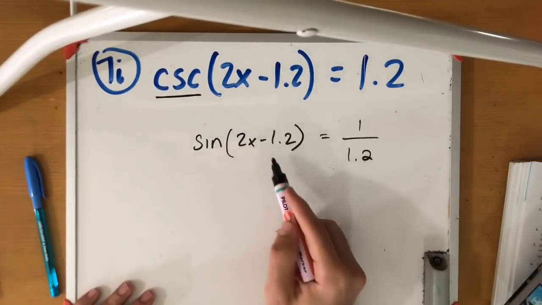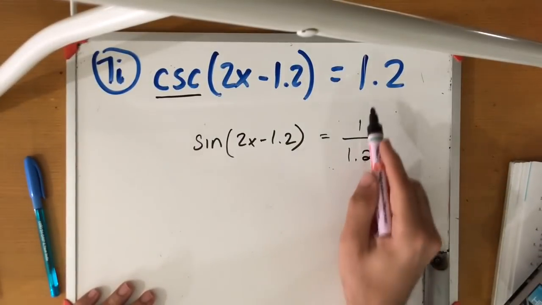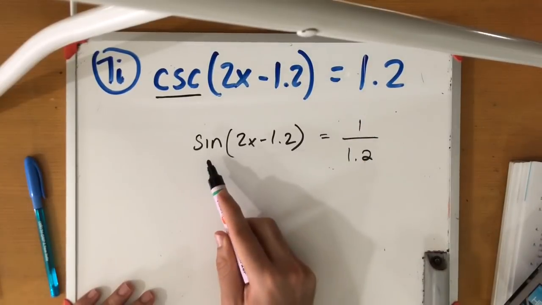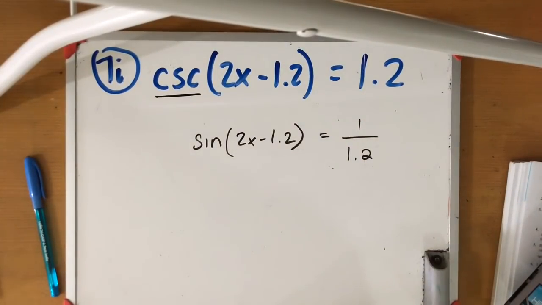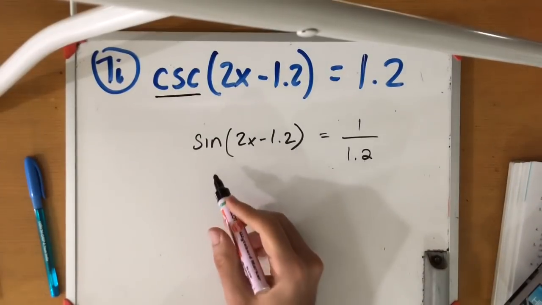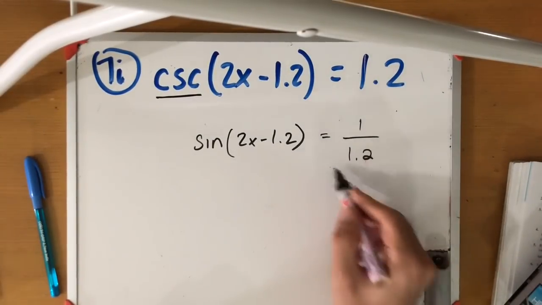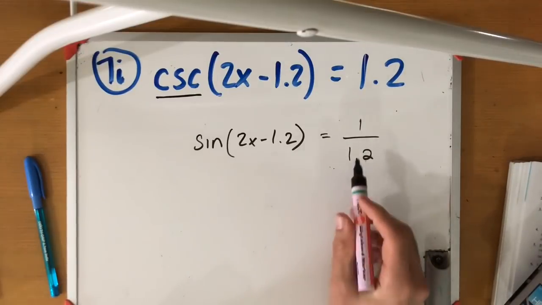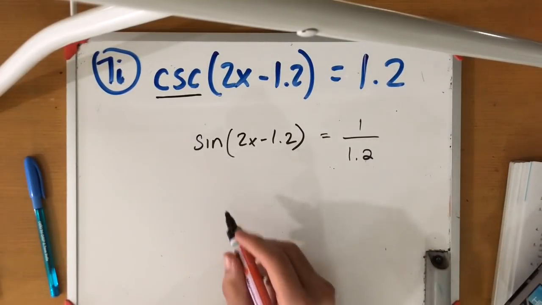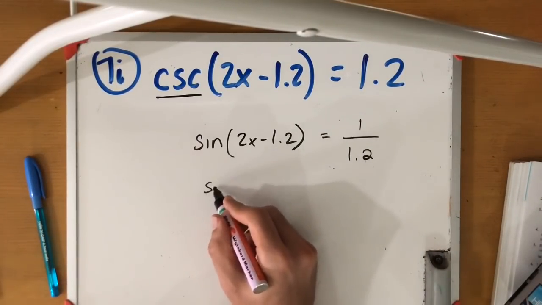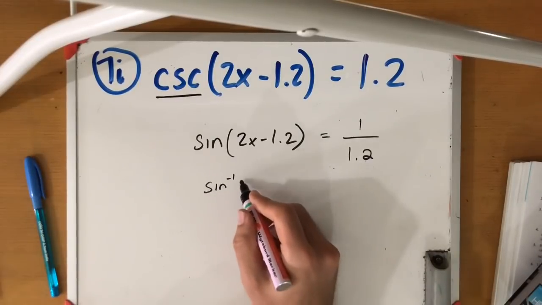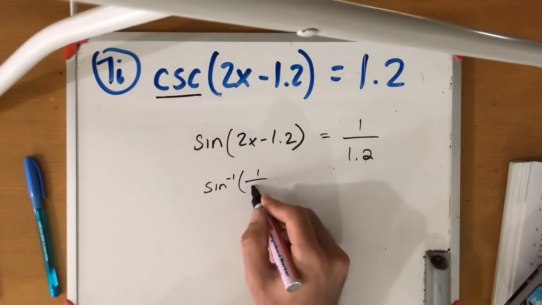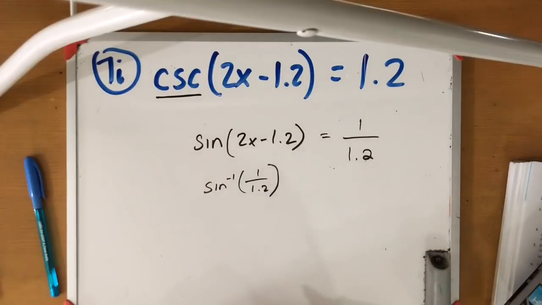Okay, again, this means the same thing. We have flipped this over instead of cosecant. So now let's find the base angle in reference to 1 over 1.2. So we're going to do arc sine of 1 over 1.2.